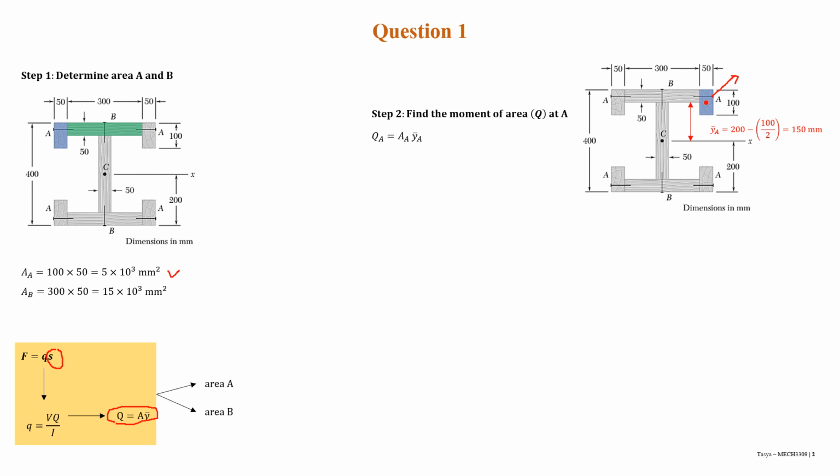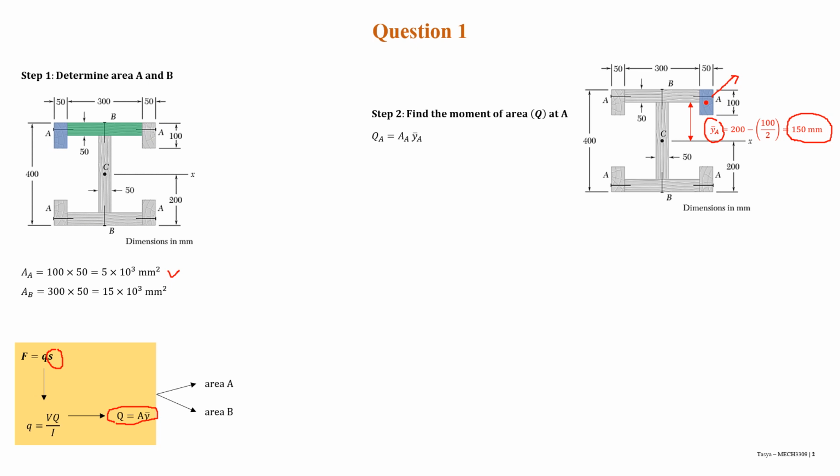So YA will be half of 400, which is 200, minus half of the height of area A, which is 100 over 2, or 50. 200 minus 50 will be 150 millimeter. This one is for YA.